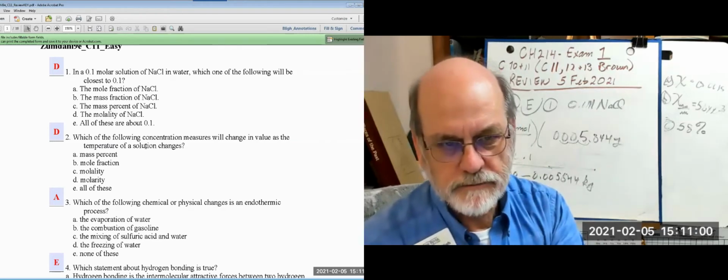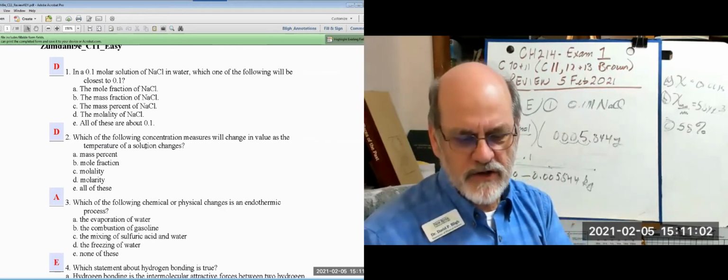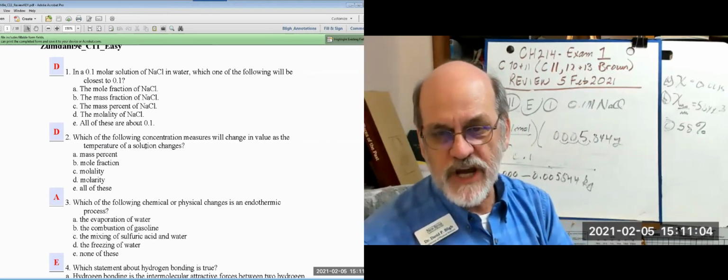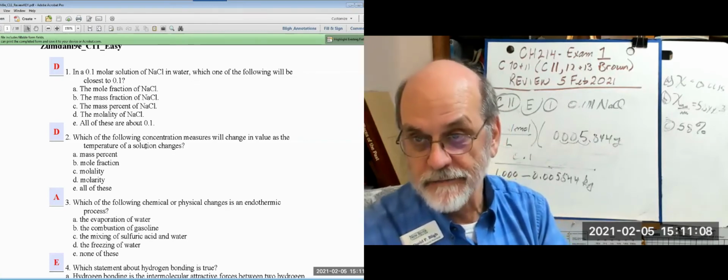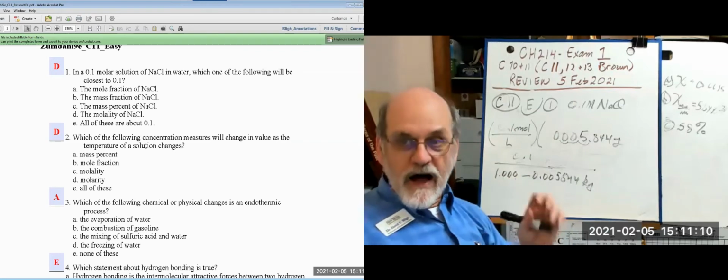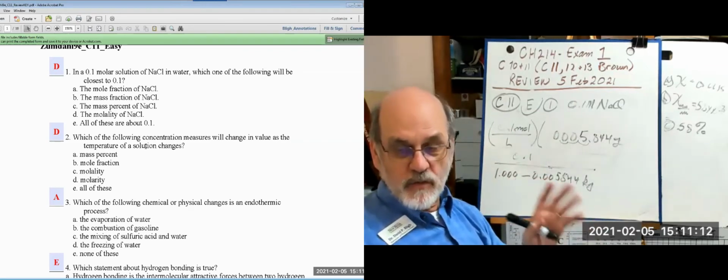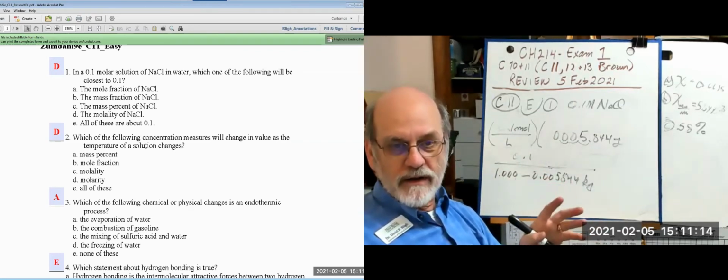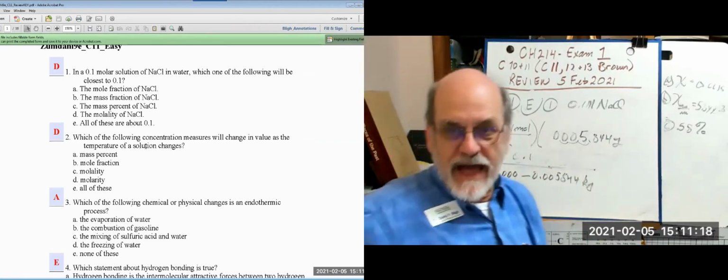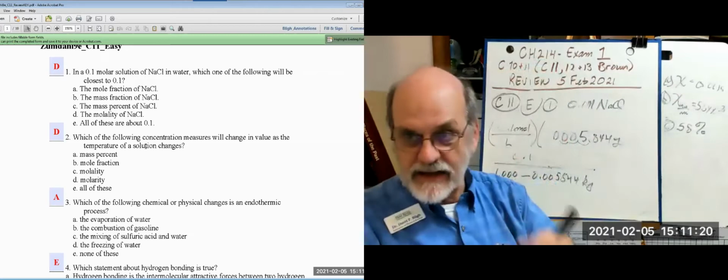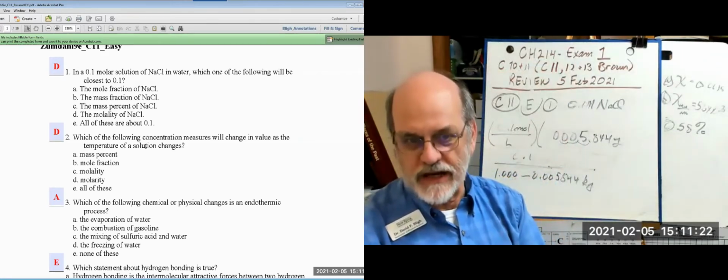How about 2? Which of the following concentration measures will change in value as the temperature of a solution changes? Remember, the volume of a solution changes with temperature. So any one that has volume in its measure will change.